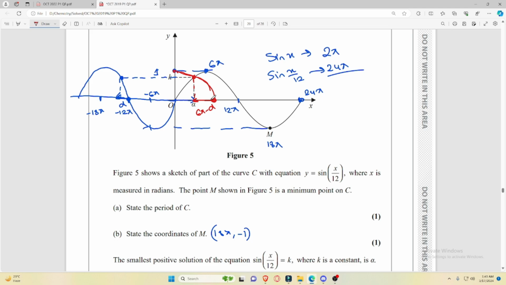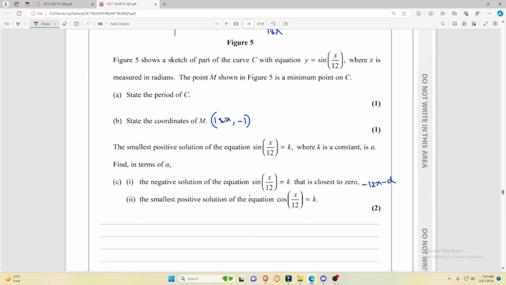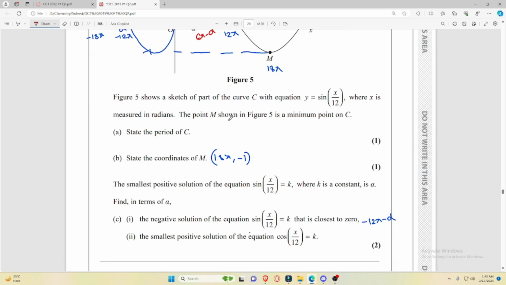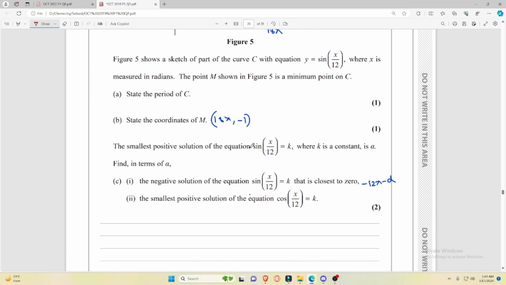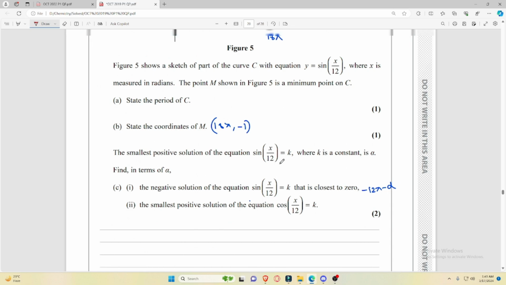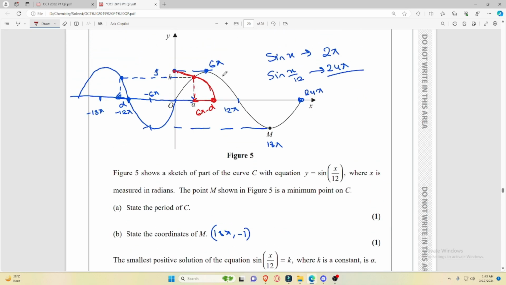If you want to do the algebraic way, I know that sine 90 minus alpha is cos alpha, but in this case 90 does not exist. So if I want the same solution, let's say sine 45, it will be the same as cos 90 minus 45.